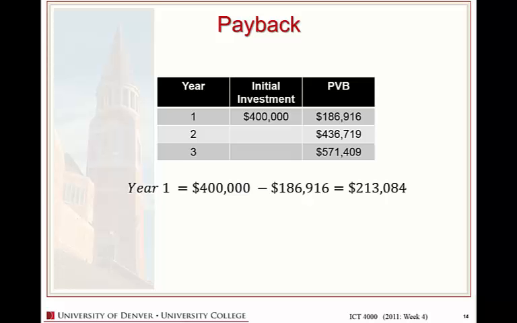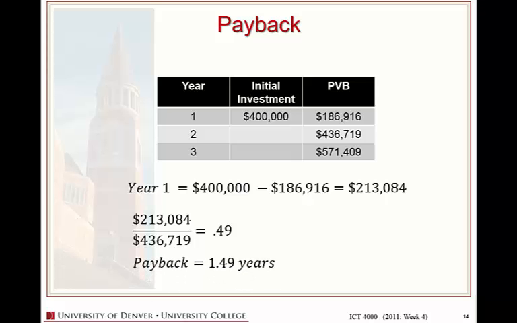So what we can simply do to come up with the payback period is take that residual number and divide that by the present value of the benefit in year 2 and come up with 0.49. And then we simply have to add the two numbers together, year 1 plus 0.49, and determine that in this case the payback is in 1.49 years, so a year and a half.